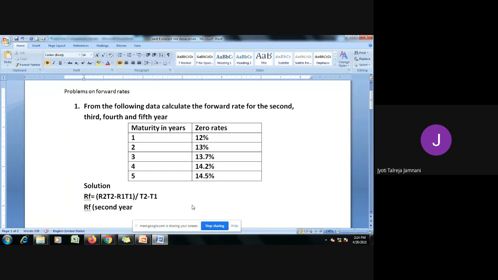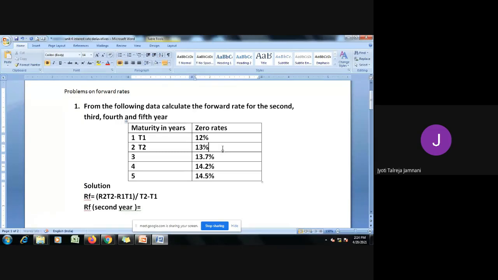Just see, they have not told you to find it for the first year, because before the first year there is nothing, there is no zero. So we need something before, so that should be T1 and T2, like that. Now for RF for the second year, I hope all of you are listening to me. I'm considering this as time 2 and the previous year as time 1.